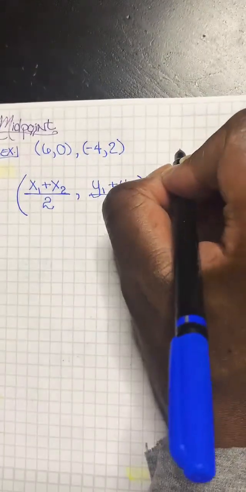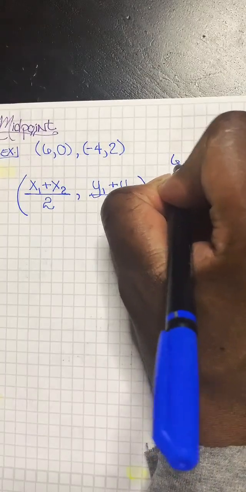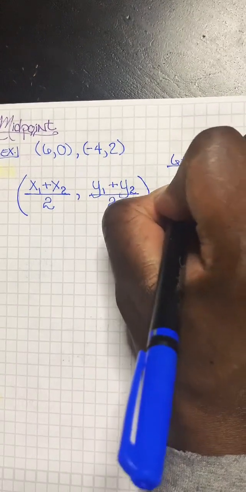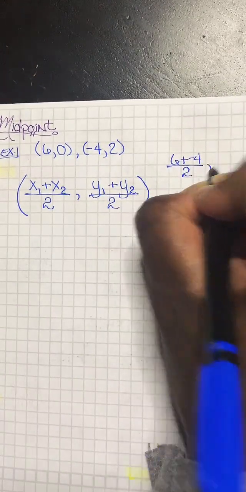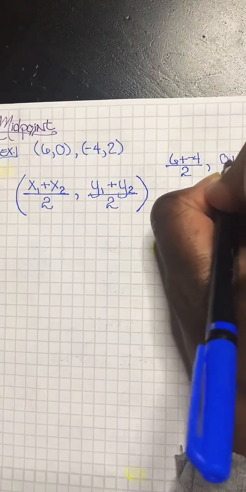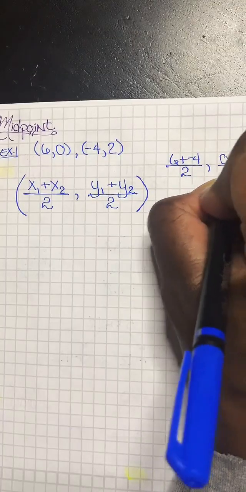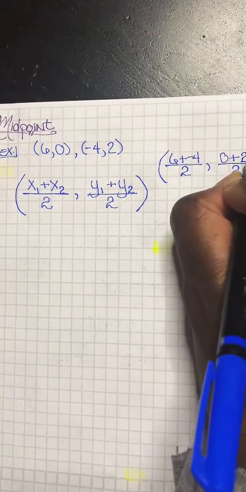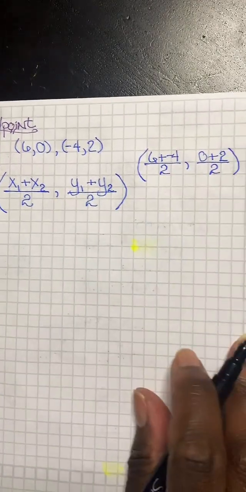So I will have 6 plus -4 divided by 2, and then 0 plus 2 divided by 2, to find that coordinate.